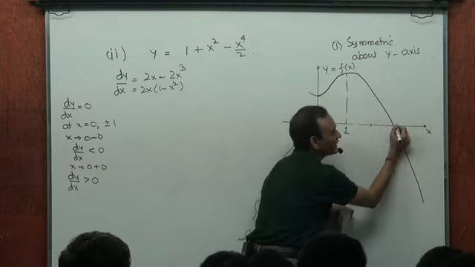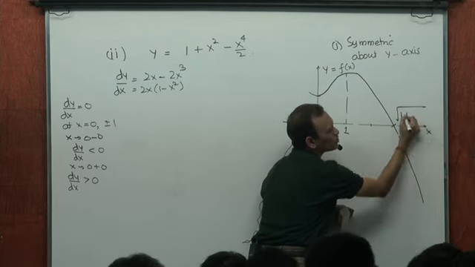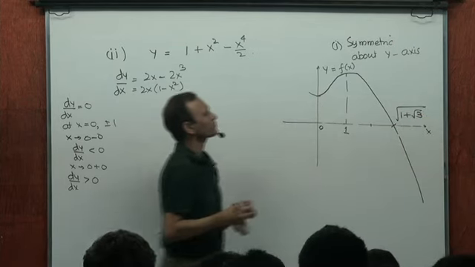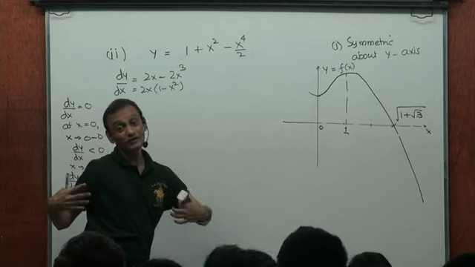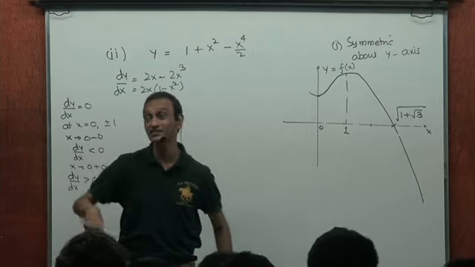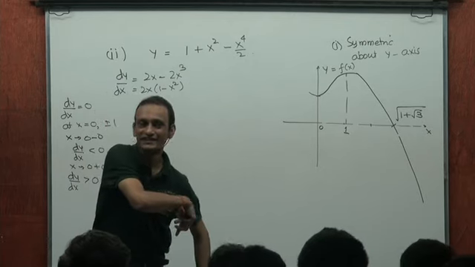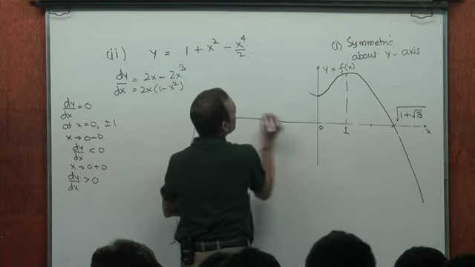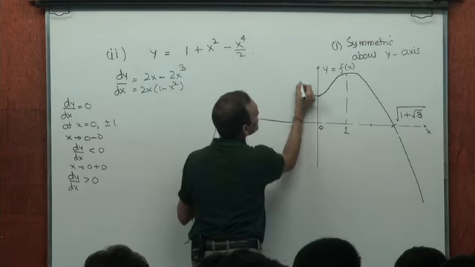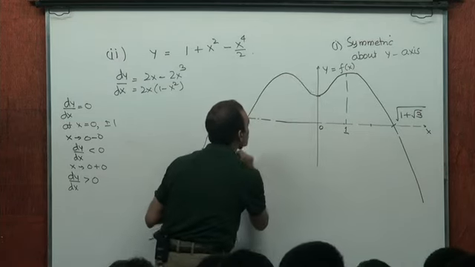And it encounters a root which is root of 1 plus root 3. That was the root. That's the graph to the right of the y-axis. But it's symmetric about the y-axis, owing to the occurrence of even powers of x, so reflect it, as accurately as you could.